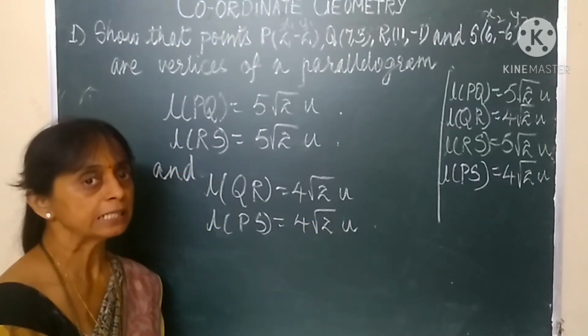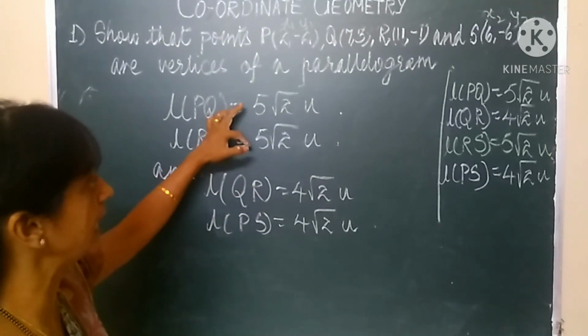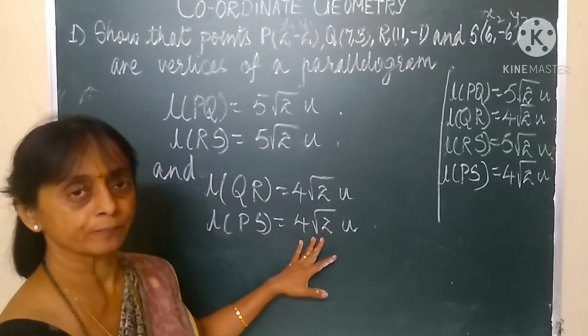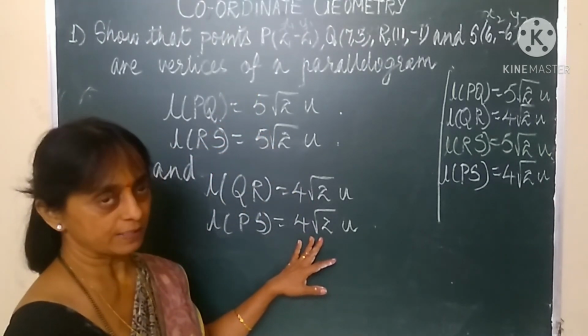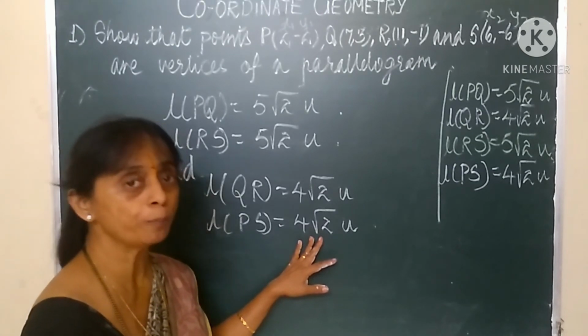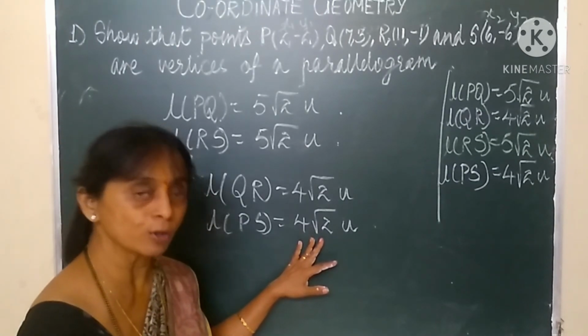That means children, in this quadrilateral we have seen that two pairs of sides give us the same answer. That means two pairs of sides are congruent.